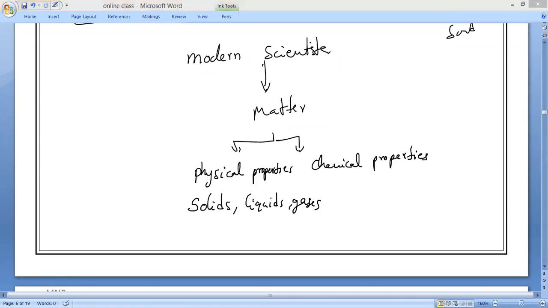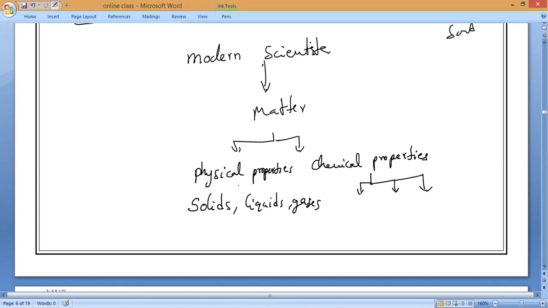On the basis of chemical properties, matter is classified into elements, compounds, and mixtures. Please, all of you write this.